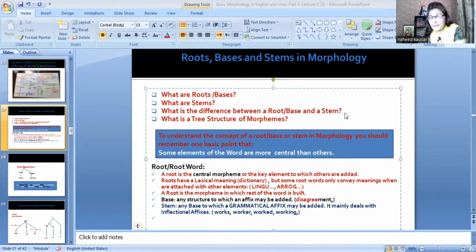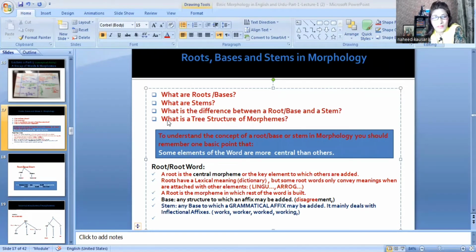We can use the preposition among also if you want, but I have put a slash between the root and the base, and I will explain the connectedness between these two terms, and how a word is a root word and how it becomes the base, and how these two are different from the word stem.